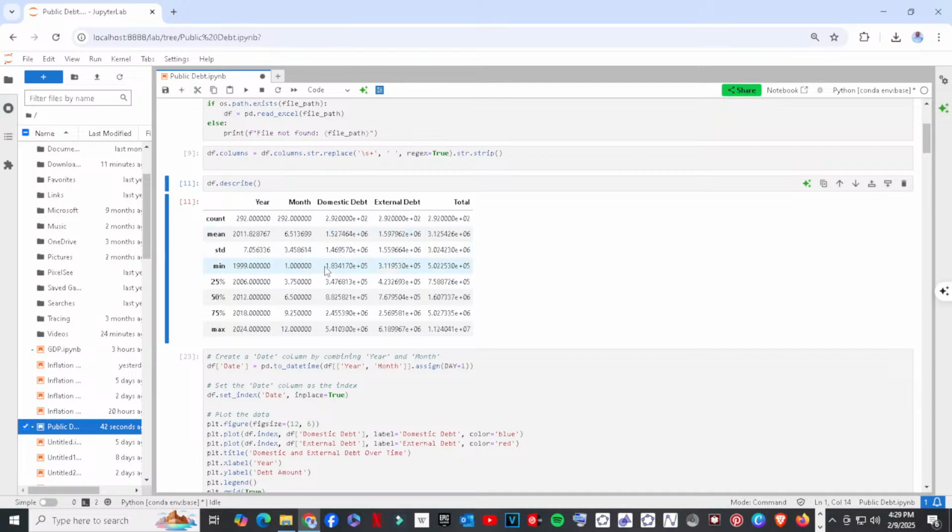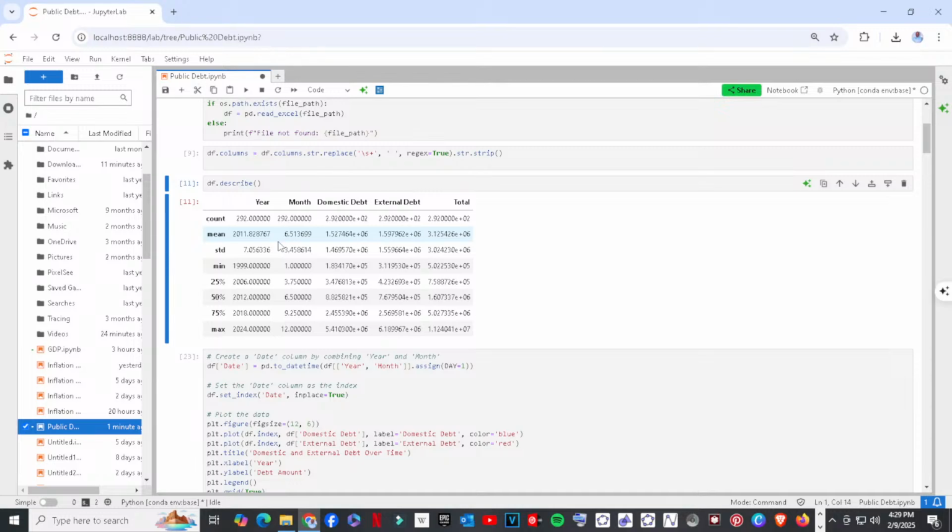We see that the years covered are between 1999 and 2024, and the total entries are 292 as shown here, and the month range is 1 to 12, that is 12 months per year.